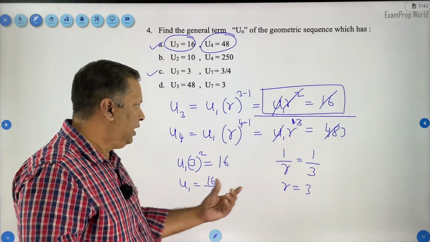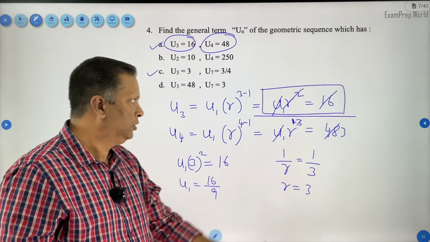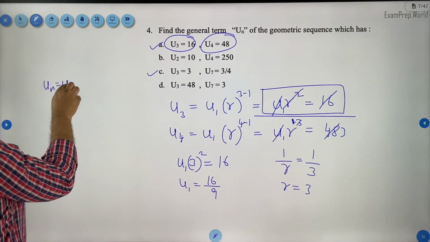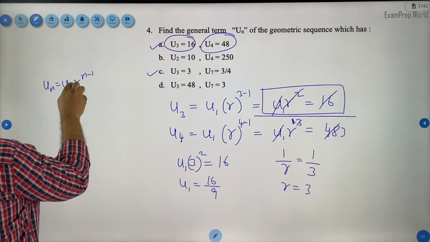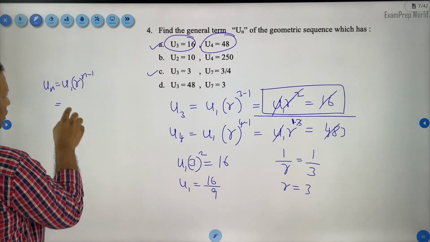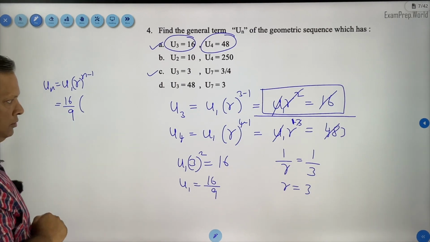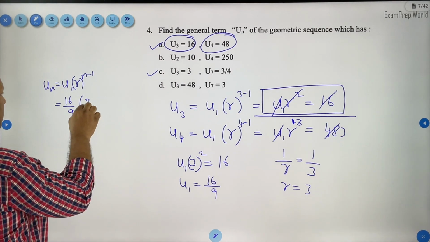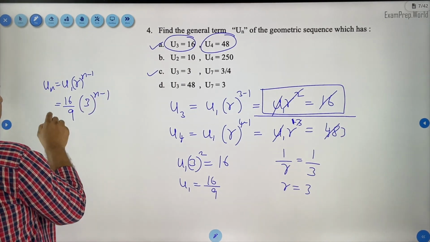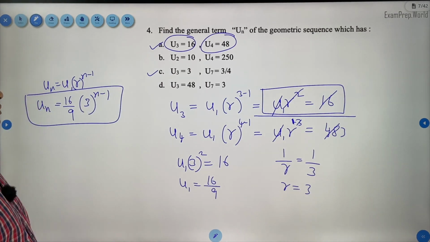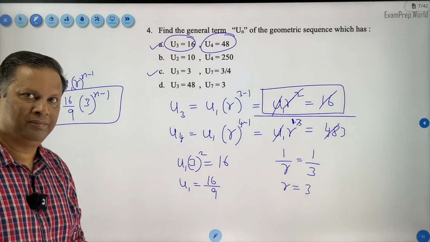Now I have U1, I have R. Can I write the general term? Use the formula. What is the formula? Un equals U1 R to power n minus 1. So U1 you already have, 16 over 9, and R is 3, so 3 to power n minus 1. This is your answer for A.